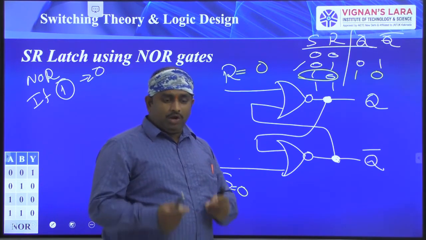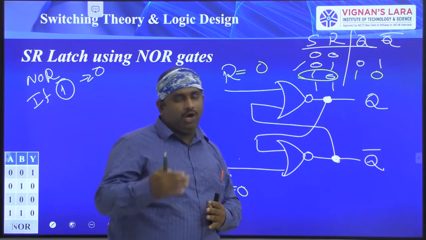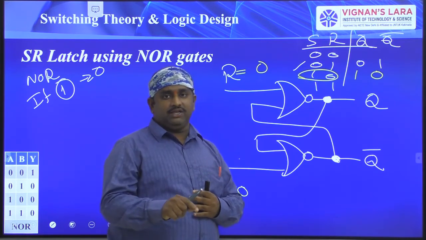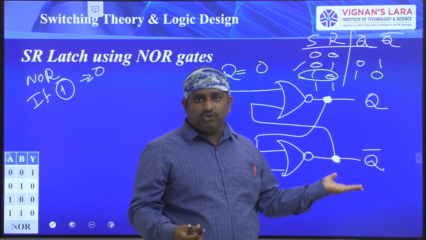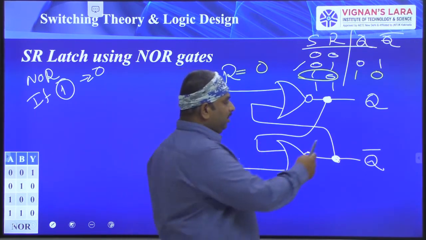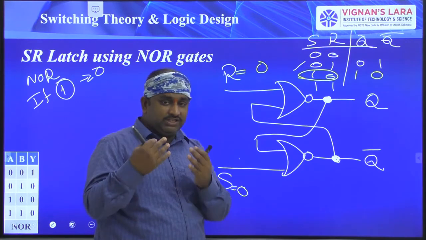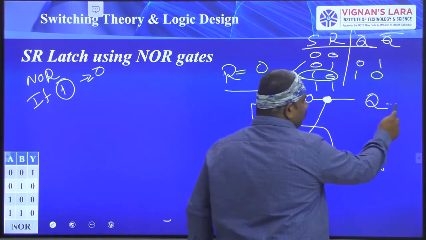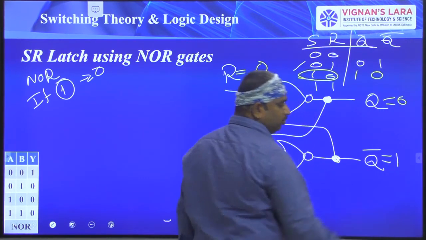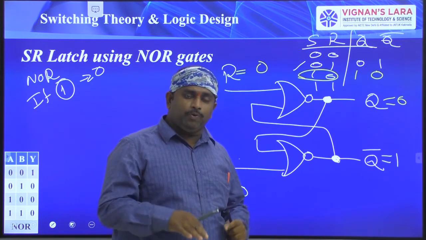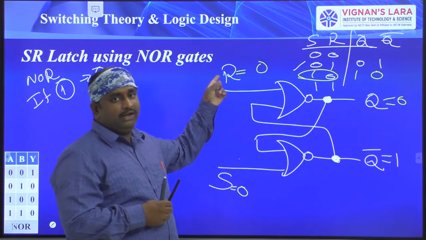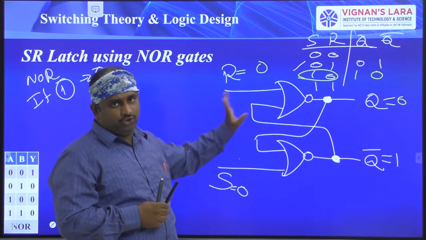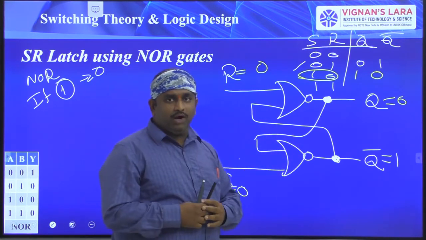For example, now I am giving S is equal to 0, R is equal to 0, but previously the outputs may have been 0, 1 or 1, 0. Just assume that previously Q is equal to 0 and Q bar is equal to 1. Now we check the output.